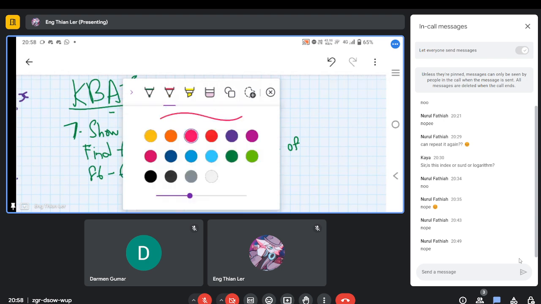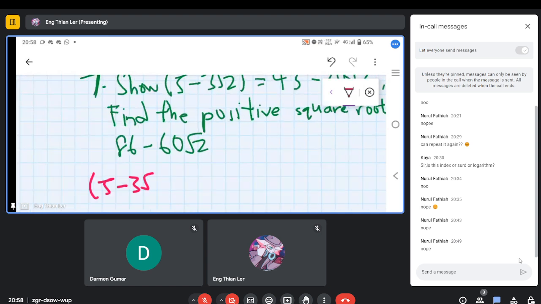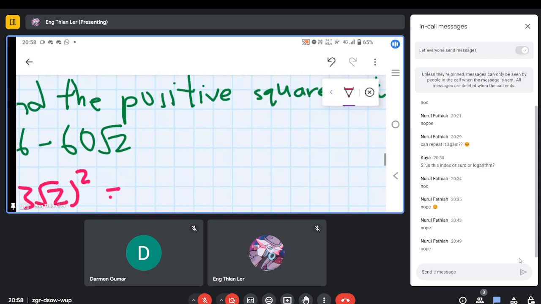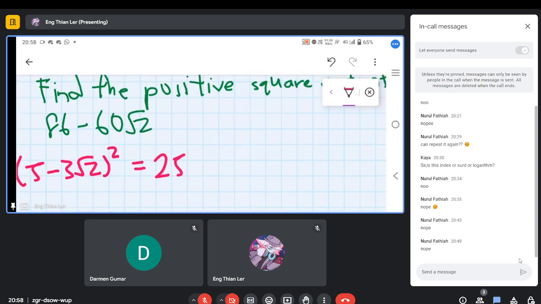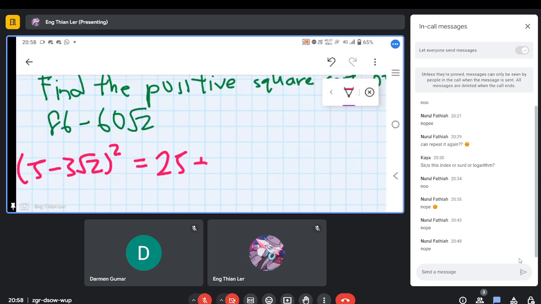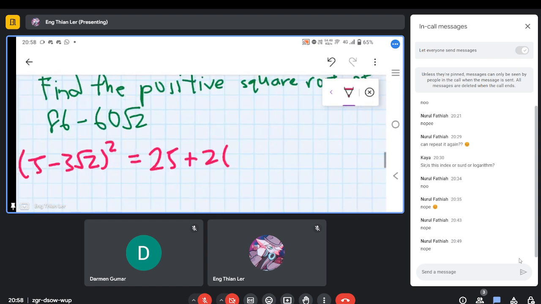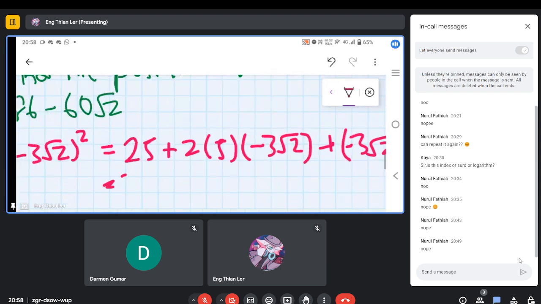the 5 minus 3 root 2 squared first. So for 5 minus 3 root 2 squared, we just expand. So a squared plus 2ab plus b squared. Okay, so we get 25.